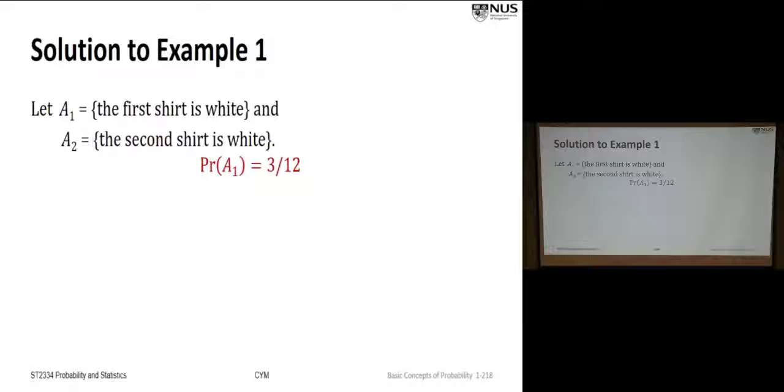But how about A2? How about the second shirt is a white shirt? Oh, you taken one. Then the second one must be 2 white shirts left out of this 11 shirts. So, probably probability of A2 equal to 2 over 11. Is it correct?